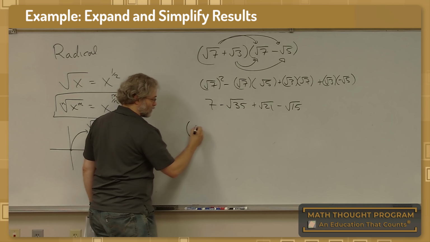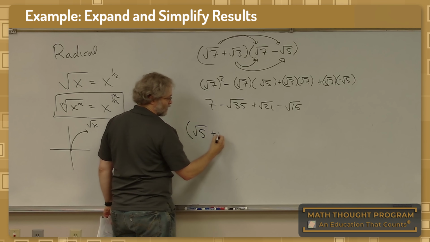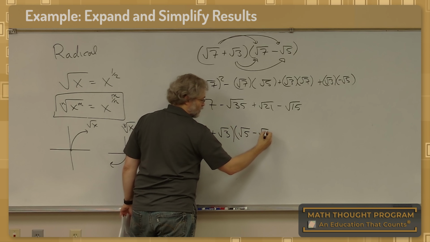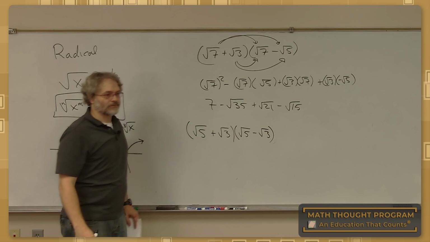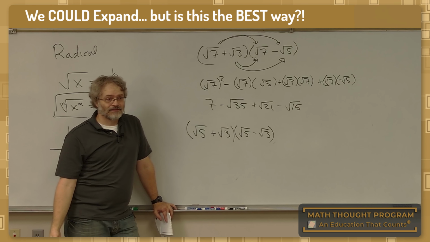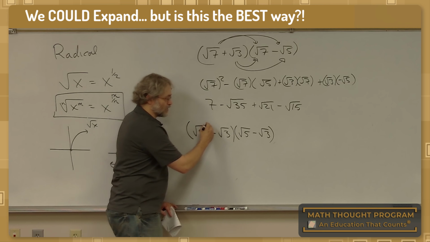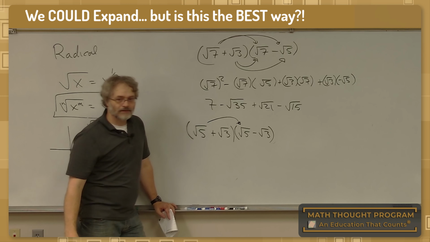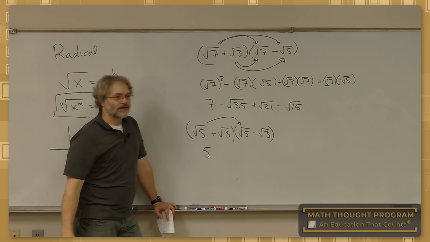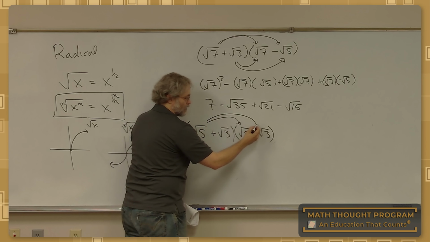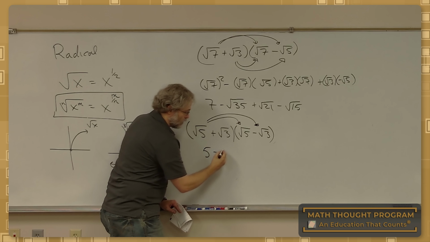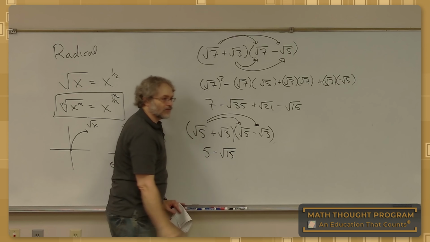Let's change it up a little bit more. Let's say I have root 5 plus root 3 times root 5 minus root 3. Let's go and expand out. Well, I can take the root 5 times the root 5, and that would get me 5. You can take a root 5 times negative root 3, and put together negative root 15.